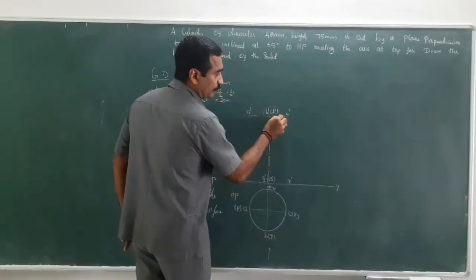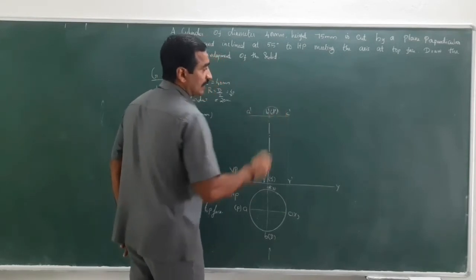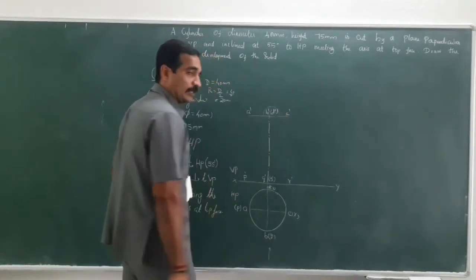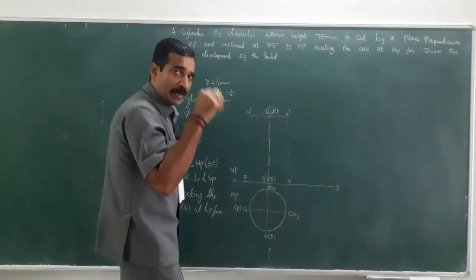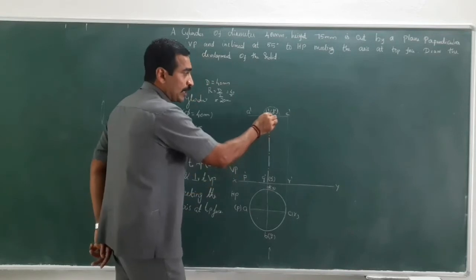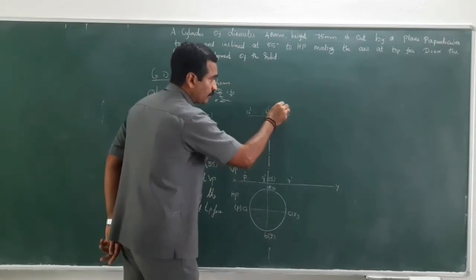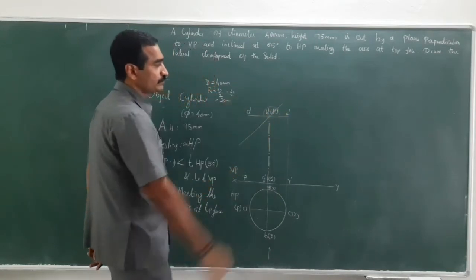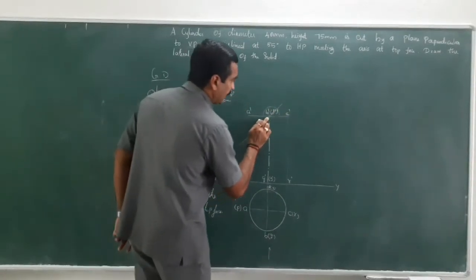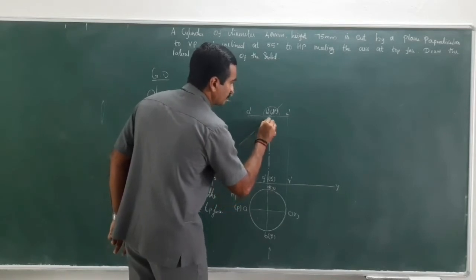Choose 55 degree from here: 5, 10, 15, 20, like that. 55, you select it, somewhere here. Now draw a line from the 55 passing through the point on the top face meeting the axis. So draw a line in this manner. This is the cutting plane, right? So the cutting plane should be represented in this manner.